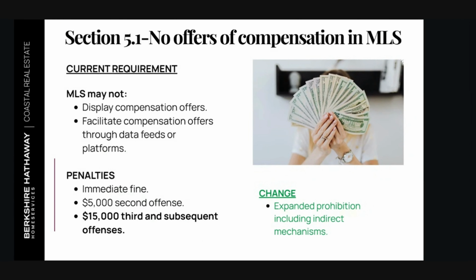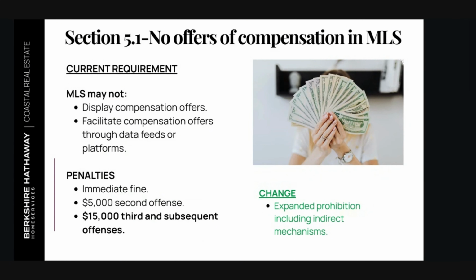Section 5.1, no offers of compensation in MLS. We know this, but the current requirement is that MLS may not display offers of compensation in any form. That means compensation cannot appear in listing fields, in remarks, in photos, in associated documents, or anywhere within the MLS.